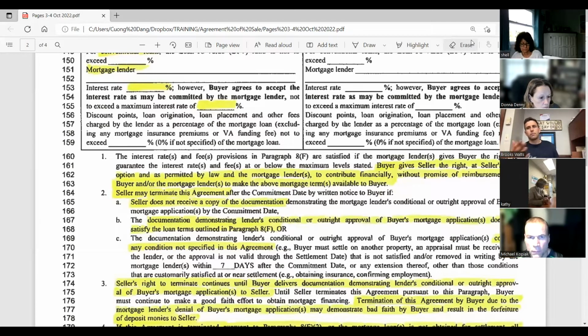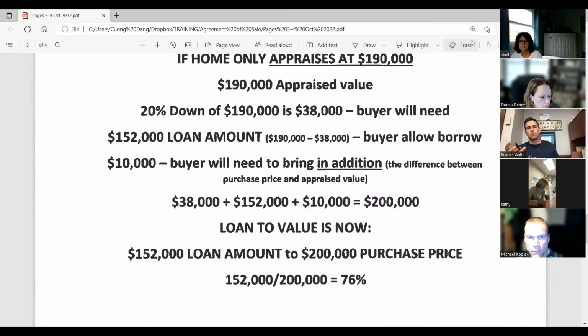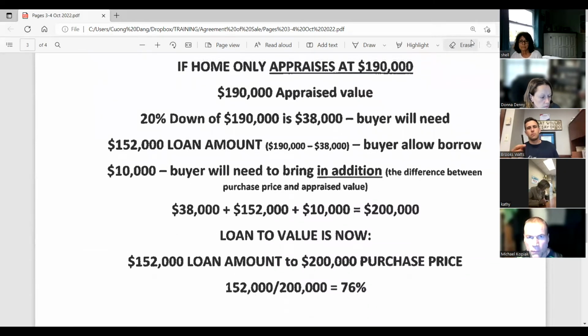For example, our little example here. Remember the appraisal shortage, $10,000?